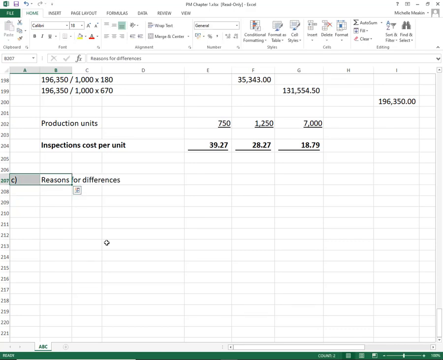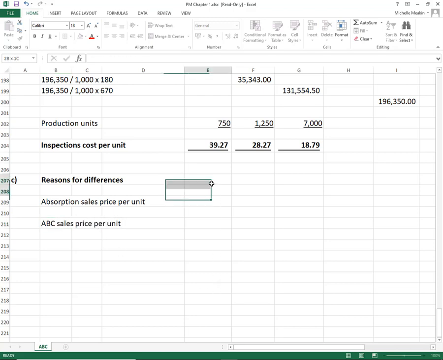Reasons for differences. First of all, I would suggest that you would take down the sales price per unit. So absorption sales price and ABC sales price per unit. So we can see very clearly what our comparison is.